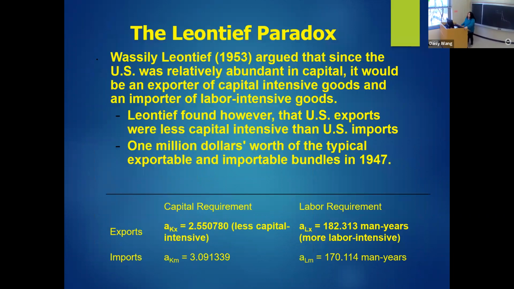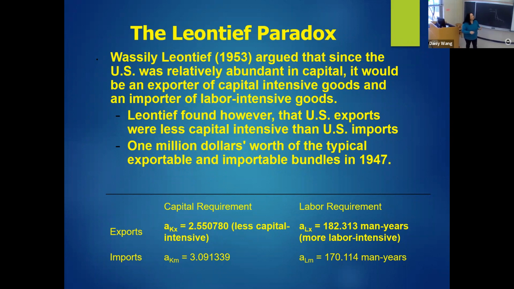Okay, but this guy, Wassily Leontief, he looked at different examples. He said the U.S. actually was abundant in capital, money. In theory, because that's what we have most, we should export the capital-intensive product and import the labor-intensive product.